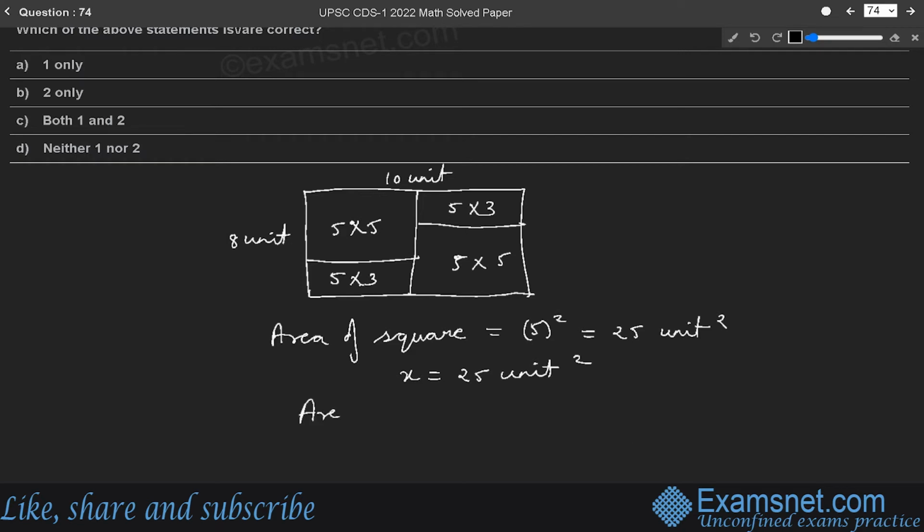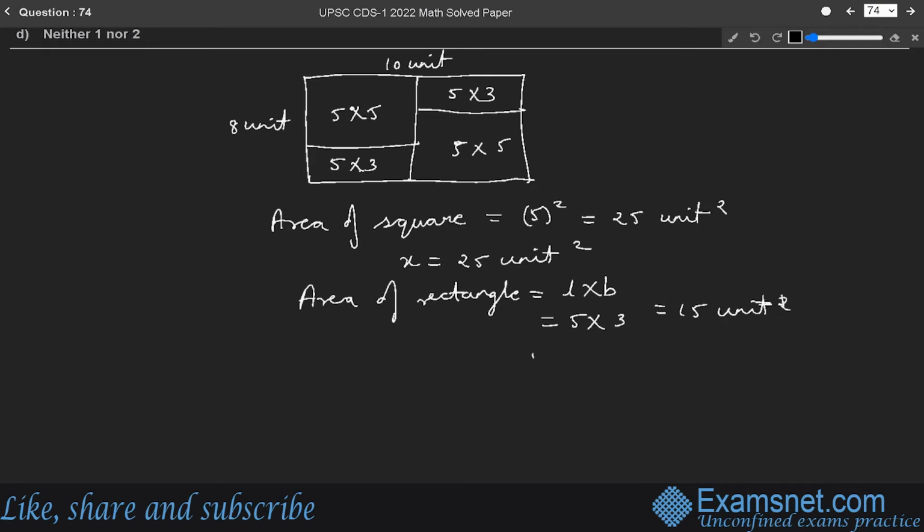Similarly, area of rectangle will be equal to length into breadth. Length is 5 and breadth is 3. So it will be 15 unit square, and we know that in the question it is given that area of rectangle is equal to y units. Therefore, y is equals to 15 unit square.